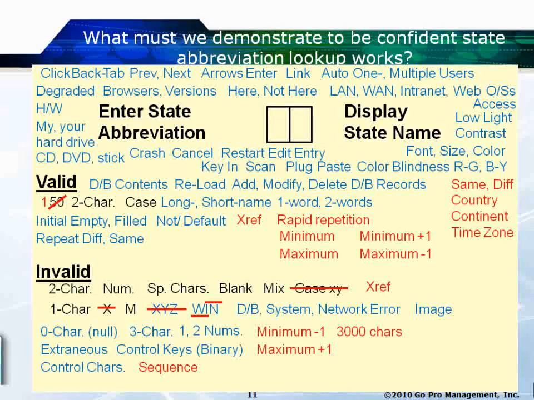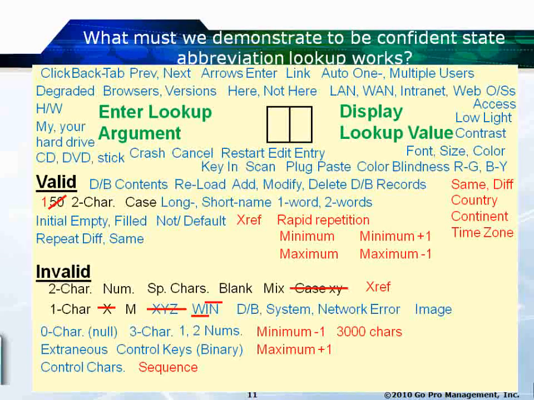So one of the places that we had this, instead of it being a state abbreviation lookup, is we're just entering any lookup. And we're going to display back the looked up value rather than the state name. The 2-character valid input needs to be reworded slightly.